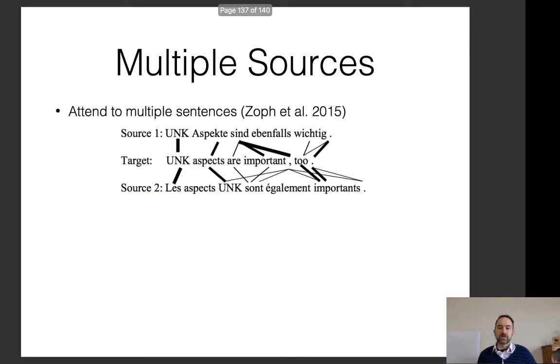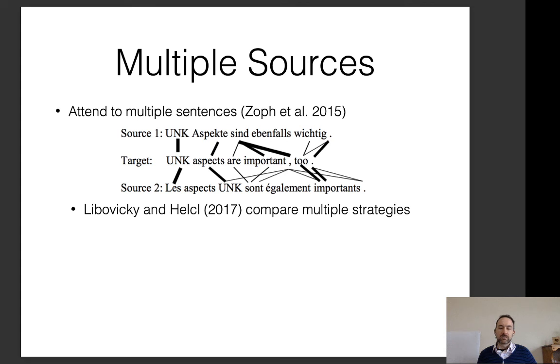And finally, we can attend over multiple sources. So for example, if we have a translation method where we have a target in English, and then we have two input translations, German and French, we can attend to both of these at the same time.